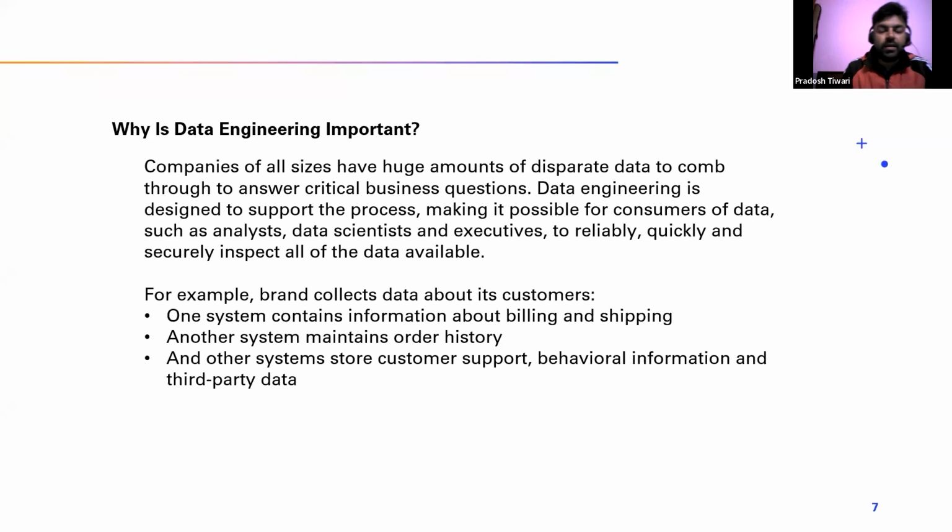Suppose you take an example of one e-commerce website, say Amazon or Flipkart. Whenever you place an order, you get an invoice. It has billing information, shipping information, order details, number of products, maybe vendor details, and estimated delivery date.